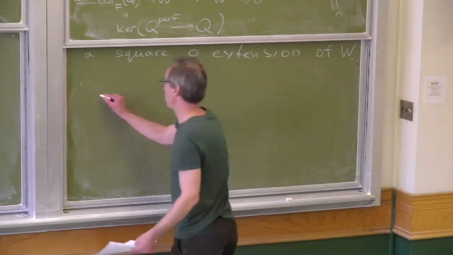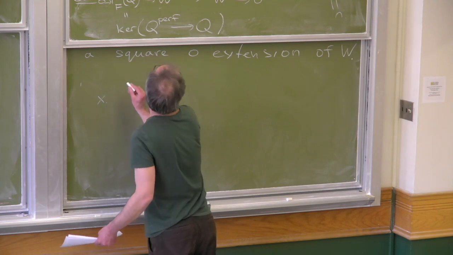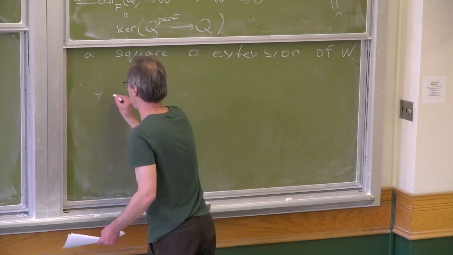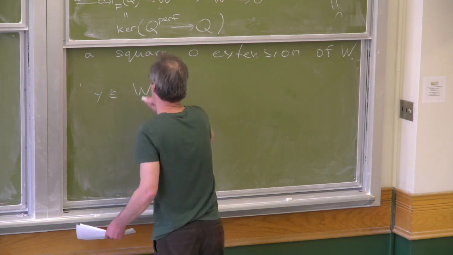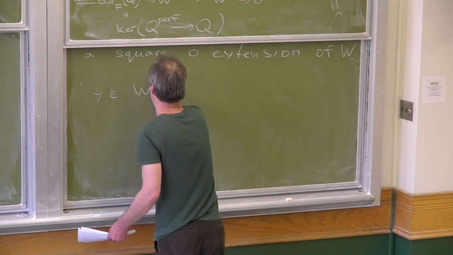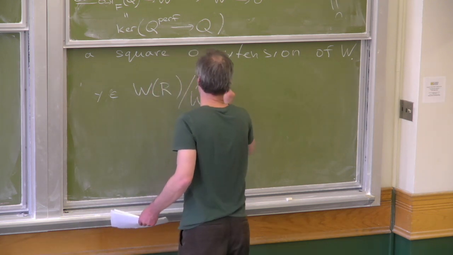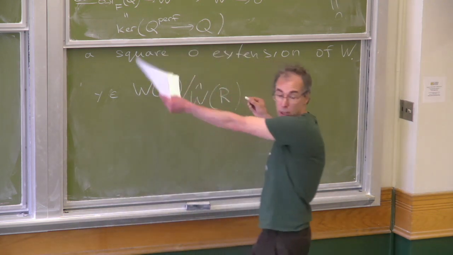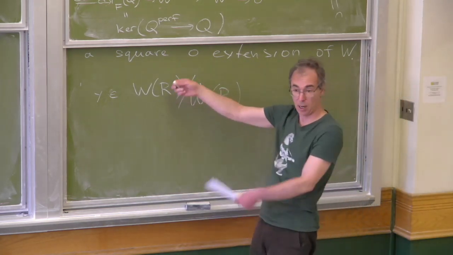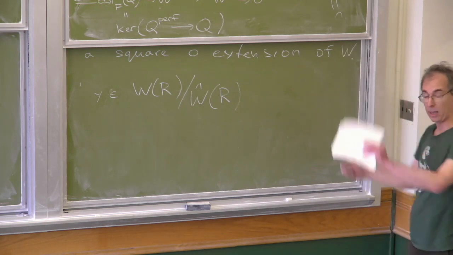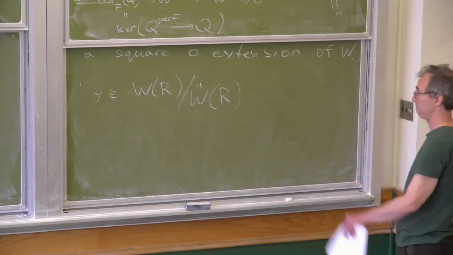And then I can assume that my y is actually in the quotient of W of R by W hat. In general, it's a Schiffification, but after replacing R by some faithful cover, I may assume that my y is here. I can lift it.